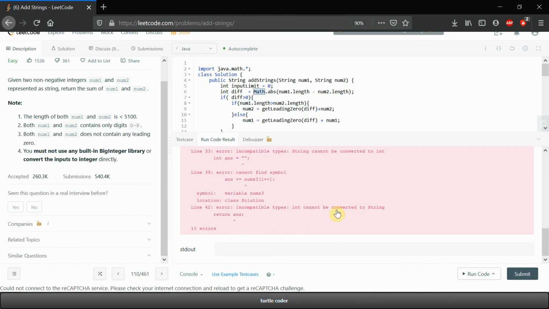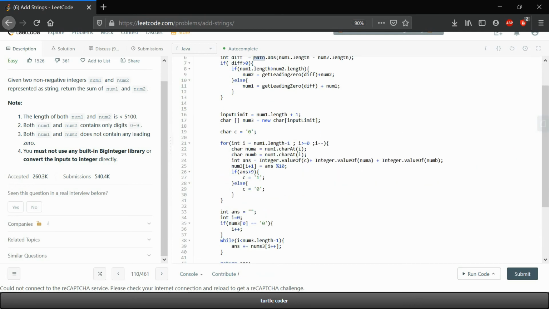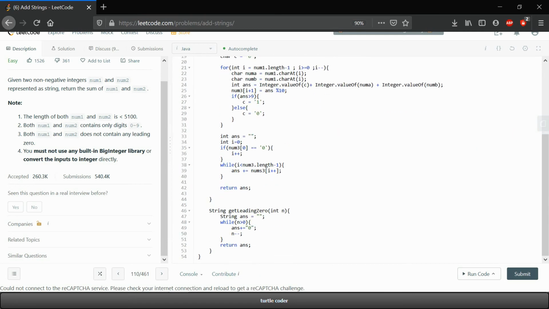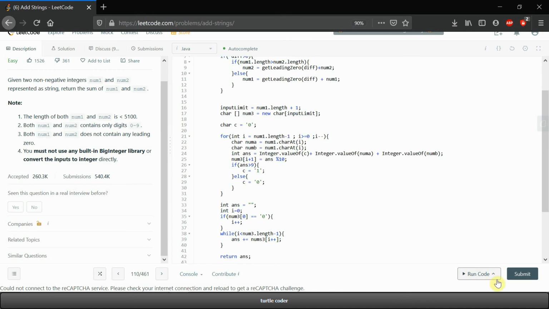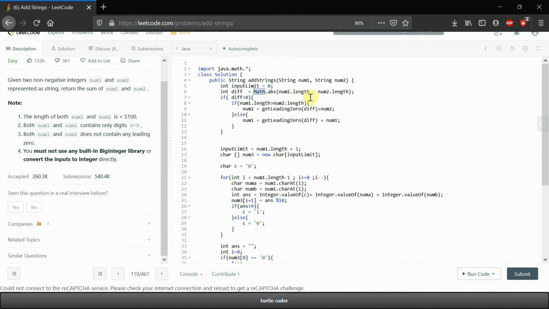Int cannot be converted to a string. So there are some errors.